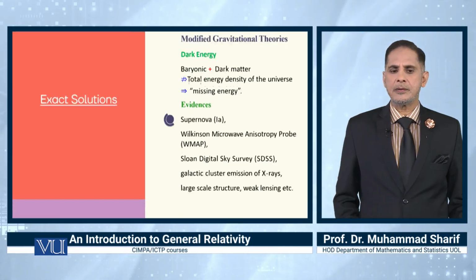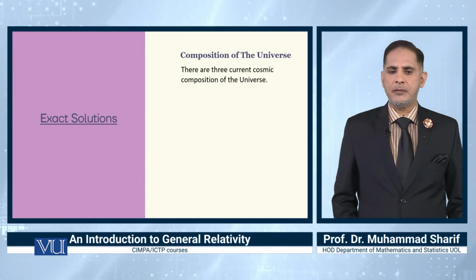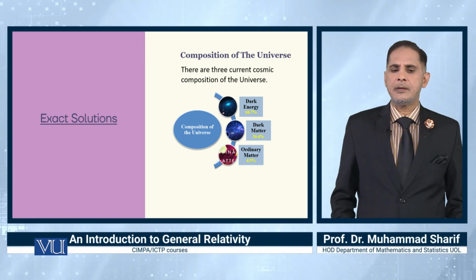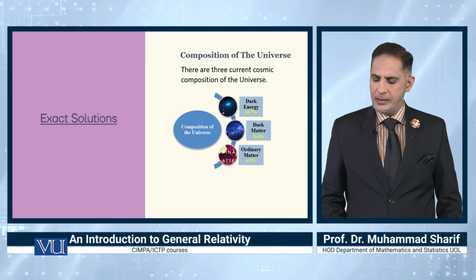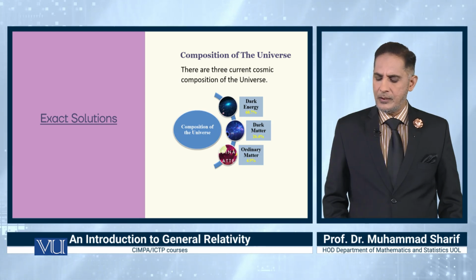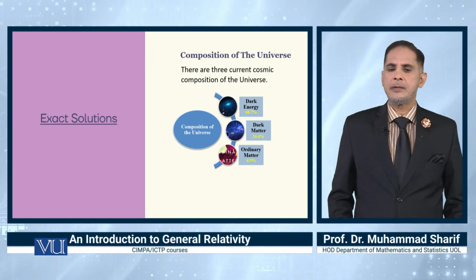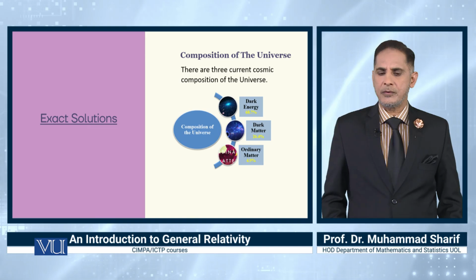Now, it is well known that the composition of the universe has the following structure. It contains about 68.7% dark energy, 26.4% dark matter, and 4.9% ordinary matter. This means dark energy has the huge budget of energy in this universe.